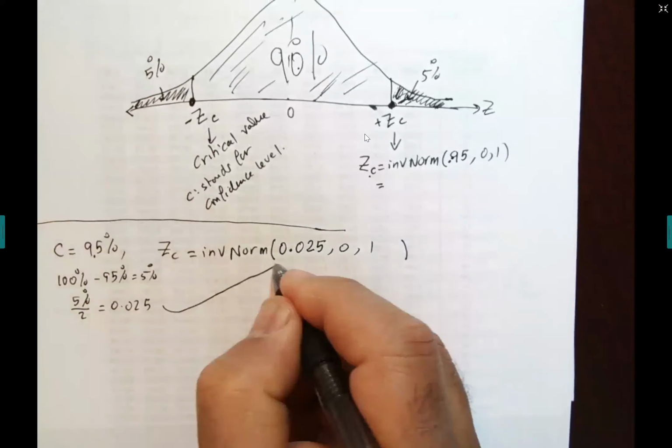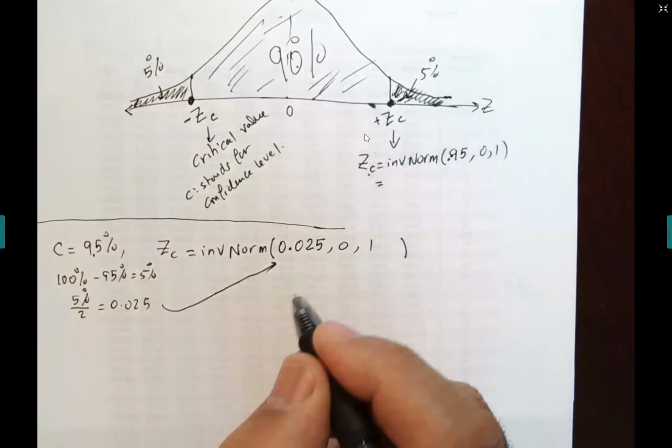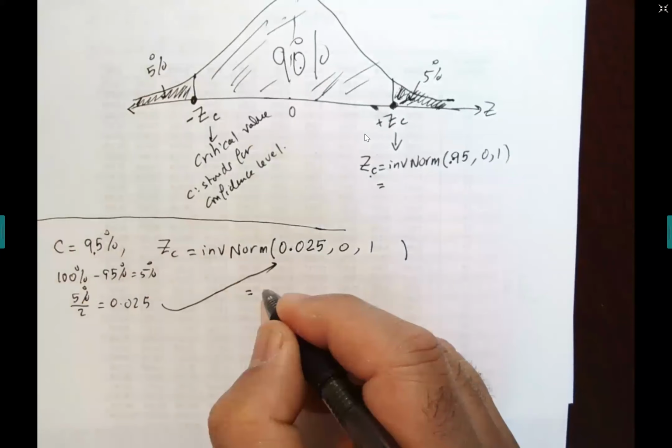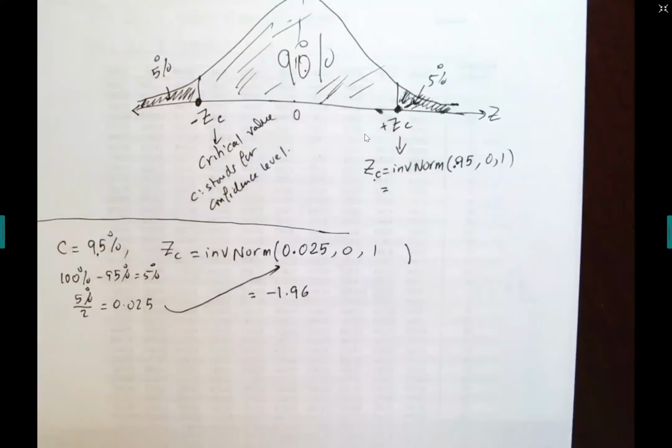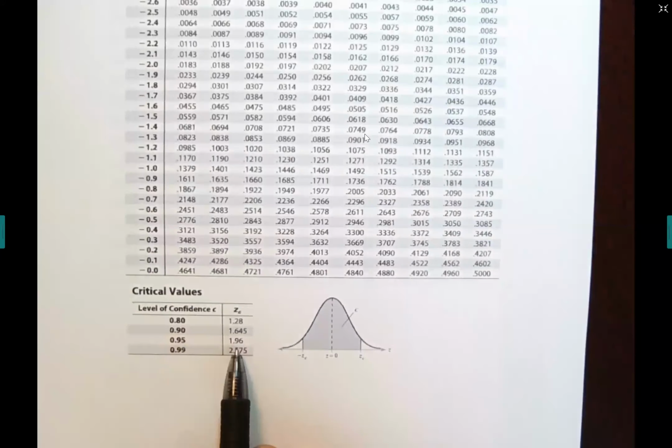You're going to get the negative one, which is okay. Negative or positive, it doesn't matter. That's a critical value. And if you do the math, guys, you're going to get negative 1.96. And if you see here, watch, guys, 95%, it's 1.96, but you just use the positive part of it. But you can do the negative part, no problem.